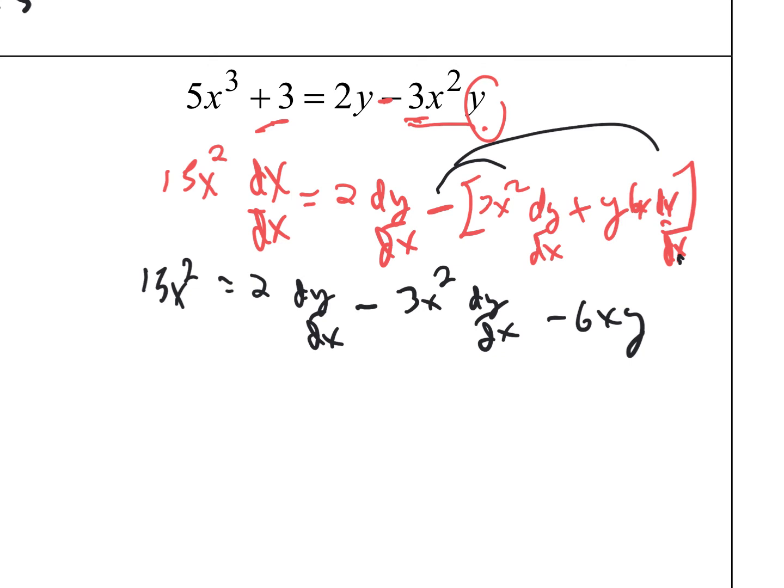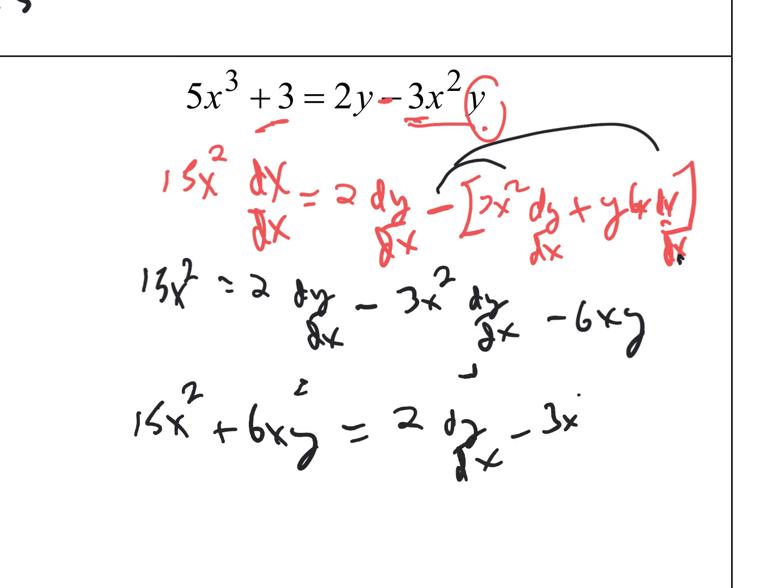Everything with a dy dx, move to the left, or you can go the other way around if you wanted to. Since I already have a dy dx here and a dy dx here, I could take the 15x squared and add the 6xy, and then that equals the 2 dy dx minus 3x squared dy dx.